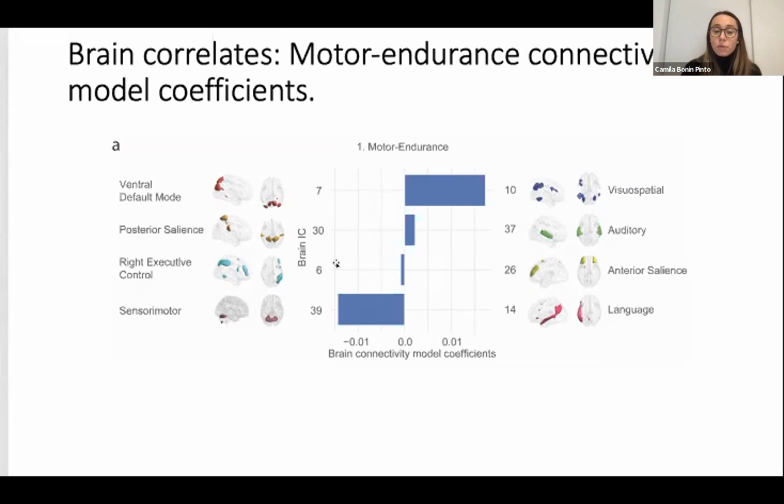And the opposite for the sensory motor and language networks. I just want to point out that sensory motor here is more related to coordination and speech production. And we show here that the negative relationship between these two would correlate with this specific ability trait.